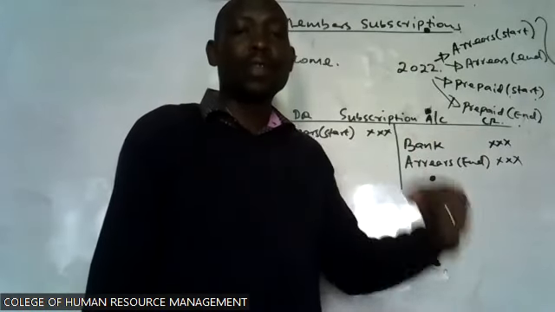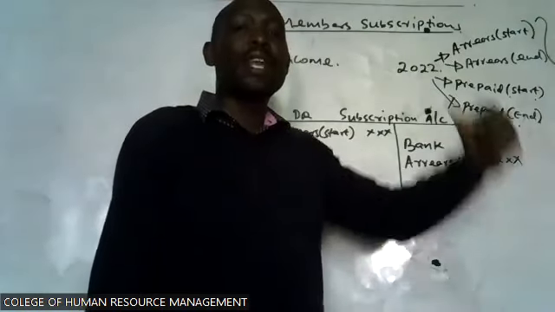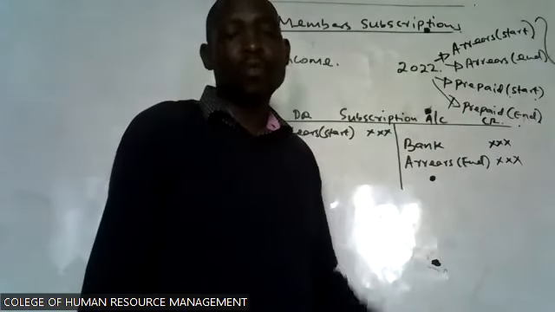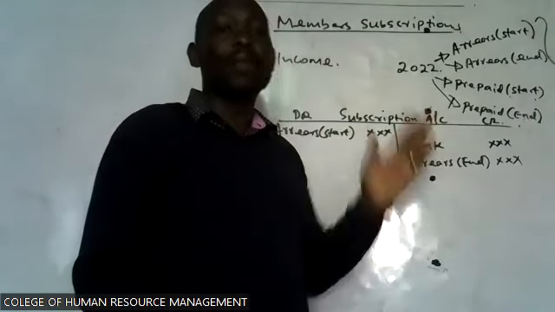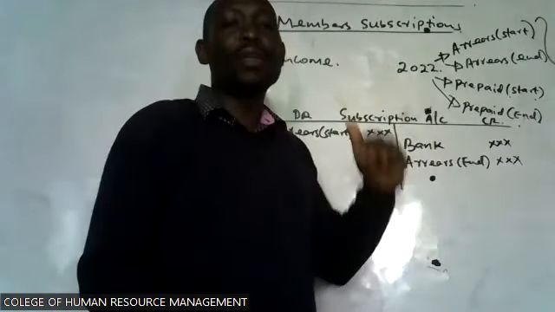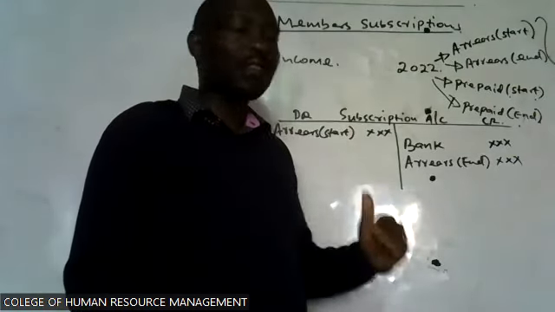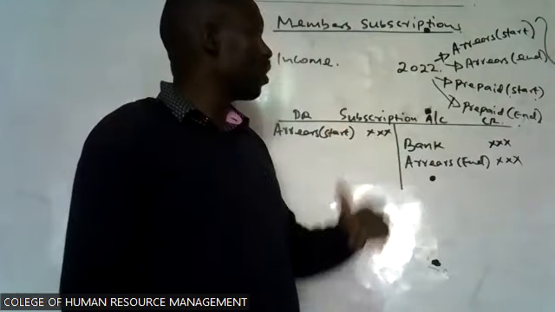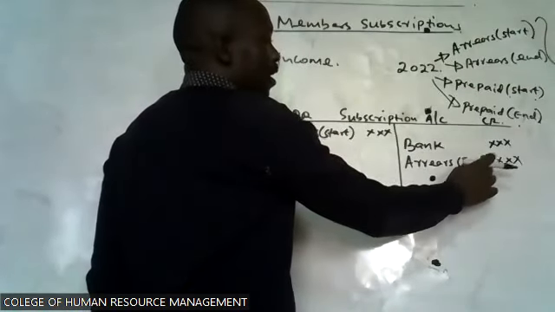So by the time we were starting the year, that money had been received, but it was received in excess the previous year. If it was received in excess the previous year, then that excess will be utilized this year. The excess will be for this year. So because it is going to be utilized for this year, anything for this year, we put it on the credit side.